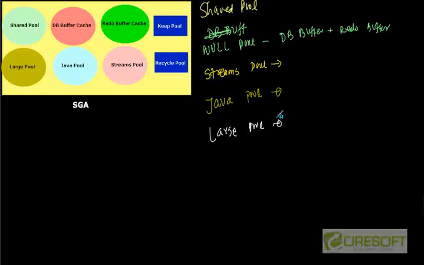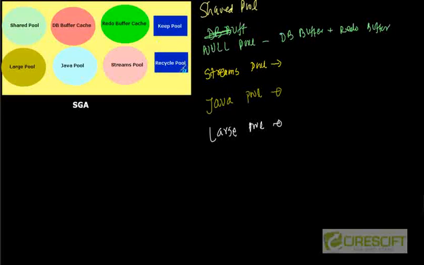This memory is used for parallel execution features, and also whenever we are doing an RMAN backup, it reads the disk IO through this large pool. So the large pool is the memory used for doing the RMAN backup. Essentially, these are the overall different types of pools.